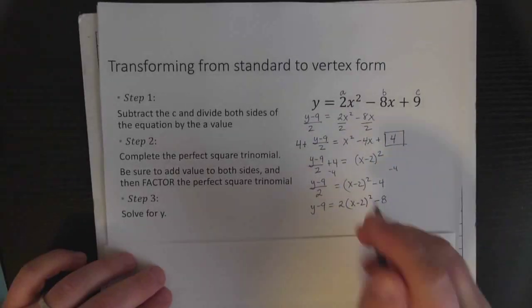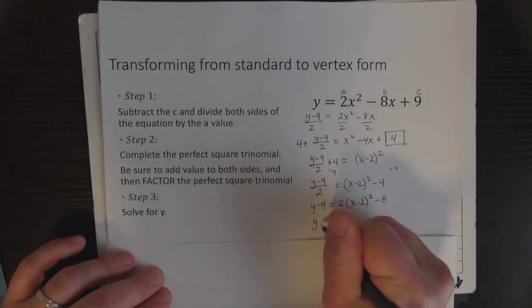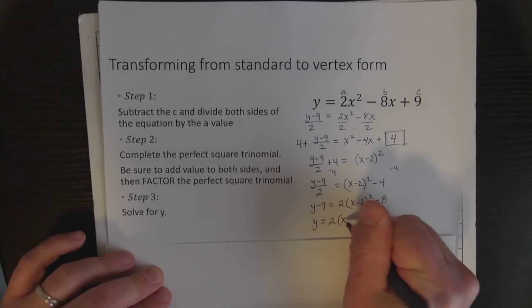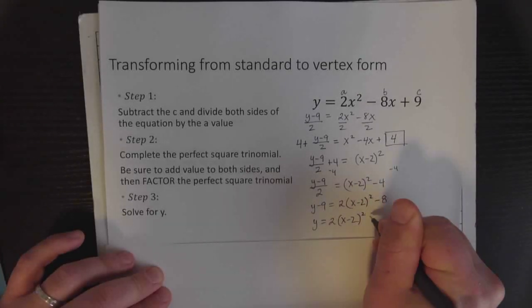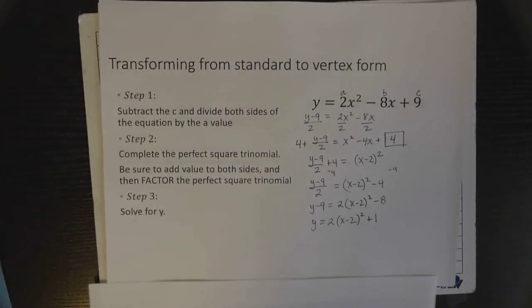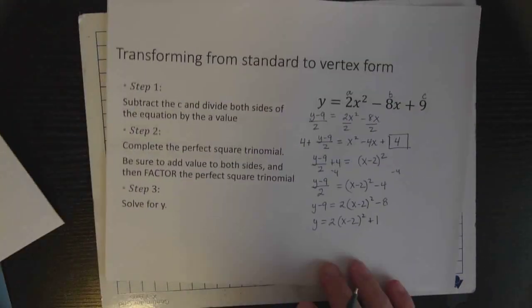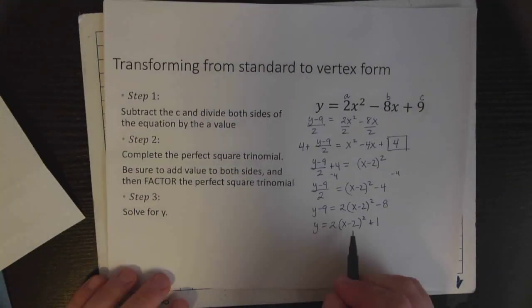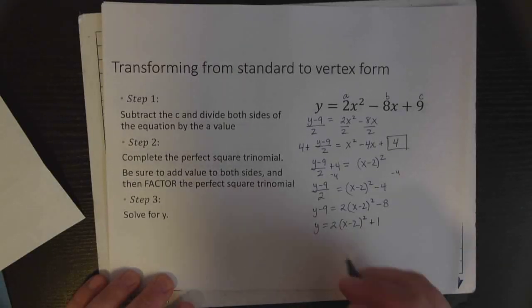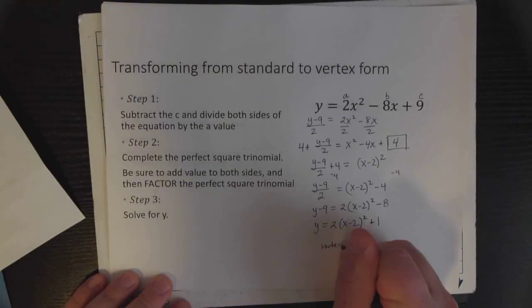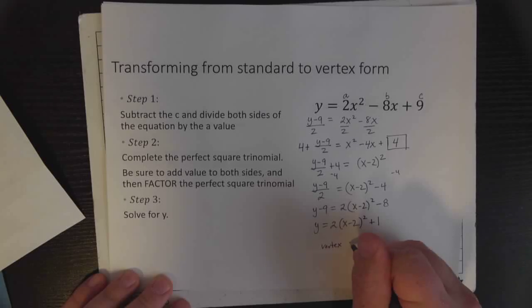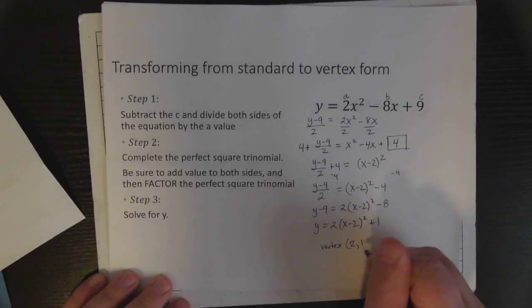And my final step to solve for y is add 9 to both sides. And I get plus 1. And so my vertex form is y equals 2 times the quantity x minus 2 squared plus 1. This means my vertex is at (2, 1).